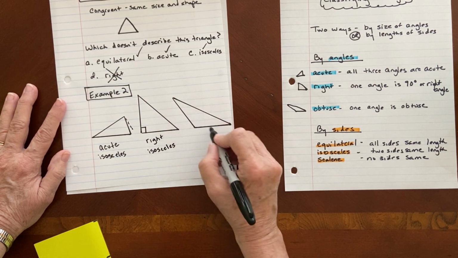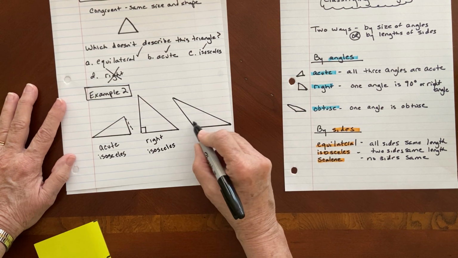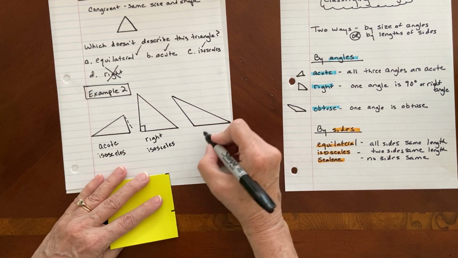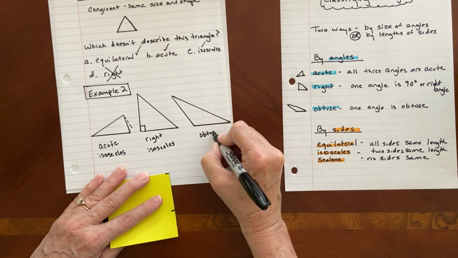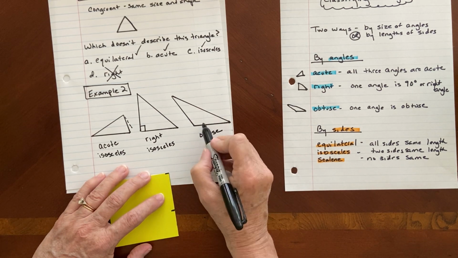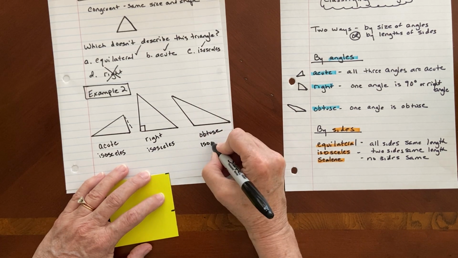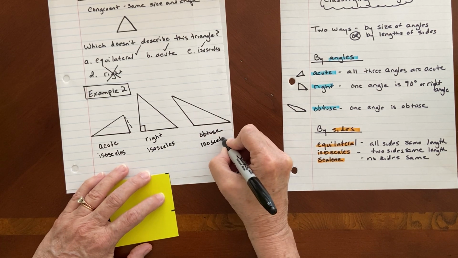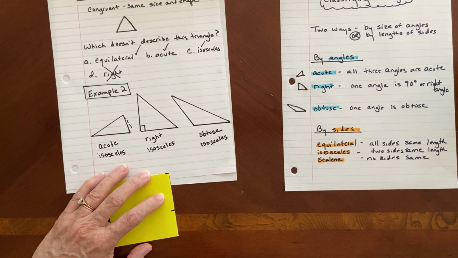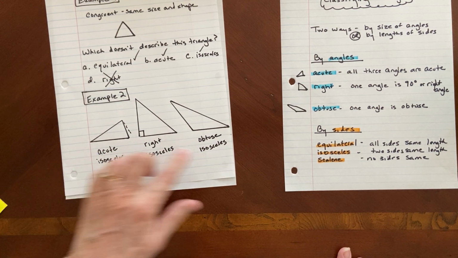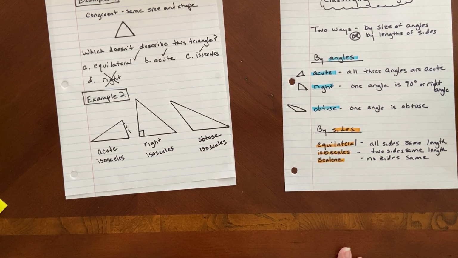Let's do angles first. There's a big, more than 90-degree angle, so that one's obtuse. And what about by sides? Those two are the same, but that one's not. So it's an isosceles triangle. So I have classified all of those.